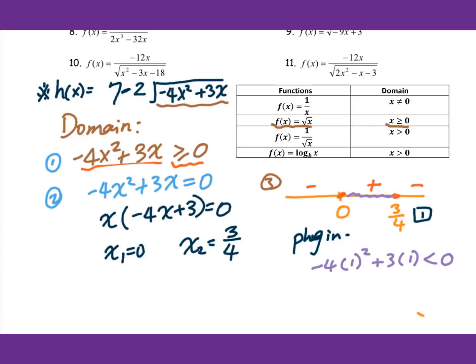That means this interval. We can write down the solution like this: from 0 to 3/4. That will be the domain of this square root function.